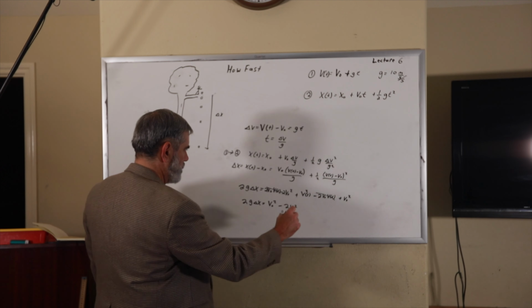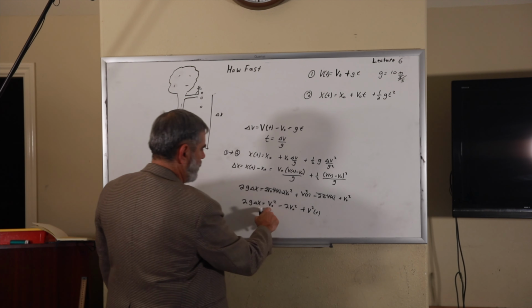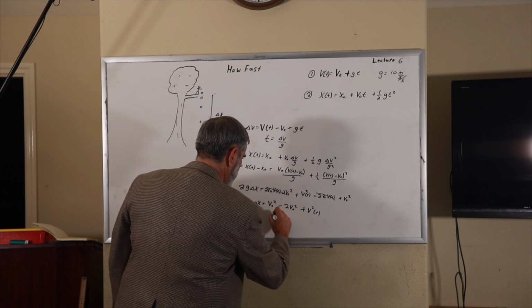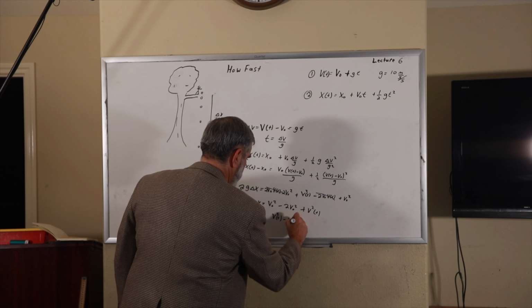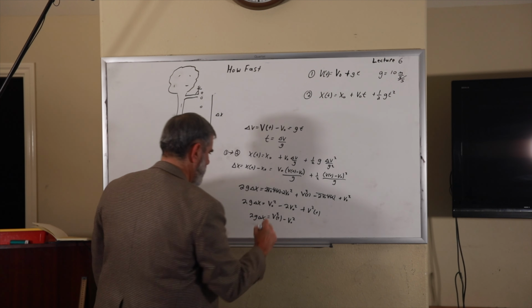Oh, I'm sorry, I haven't finished this yet. We have plus v of t squared, and 2 v naught squared minus... v naught squared minus 2 v naught squared is just minus v naught squared. So I'll get v as a function of t squared minus v naught squared, and this is equal to 2g delta x.